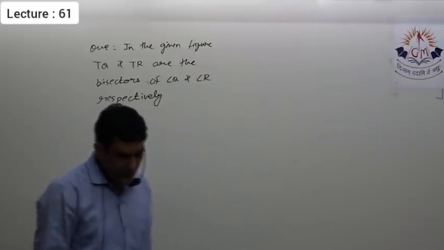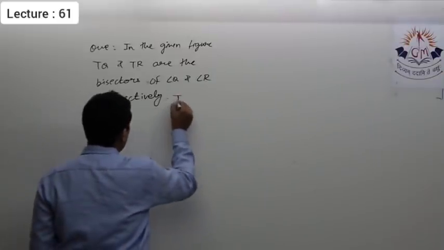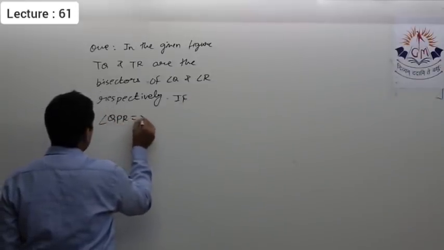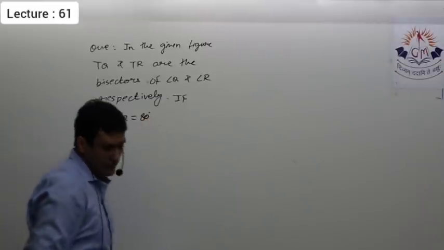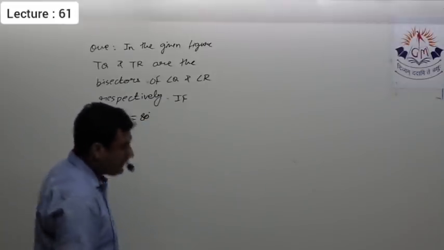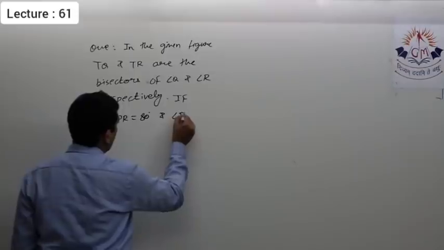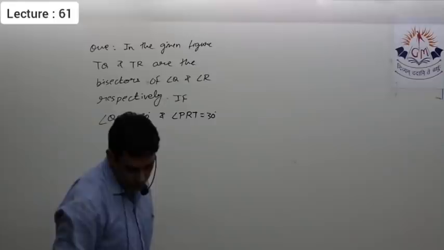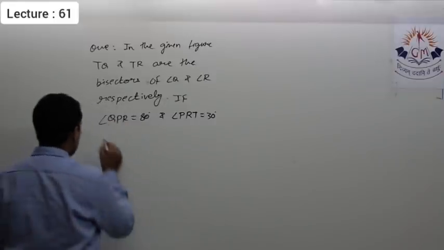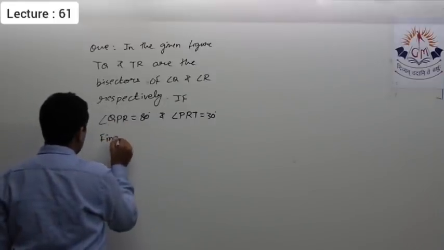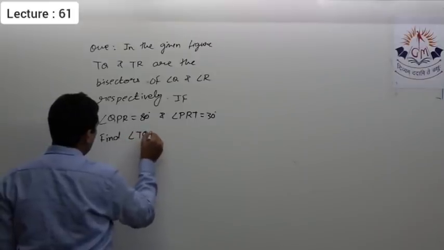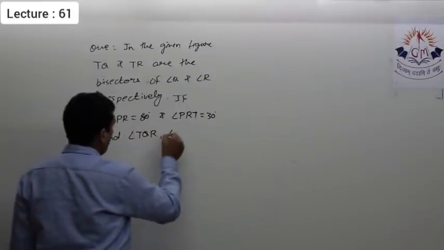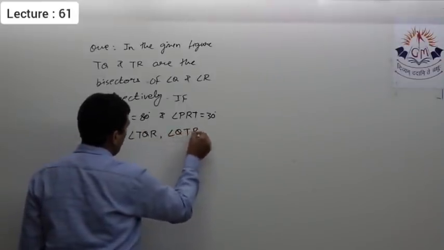If angle QPR is equal to 80 degree and angle PRT is equal to 30 degree, find angle TQR and angle QTR.